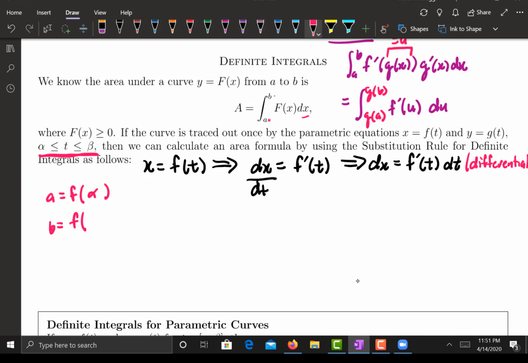Now I don't know which order it is. It could be my parametric equation x evaluated at alpha, or my parametric equation for x evaluated at beta, and vice versa. And so because of that, I can have 2 possible scenarios for my definite integral.